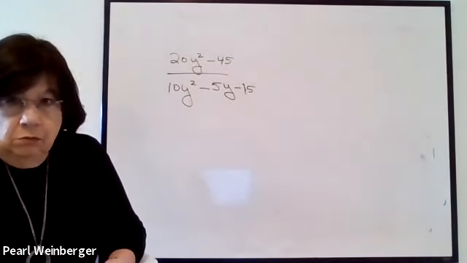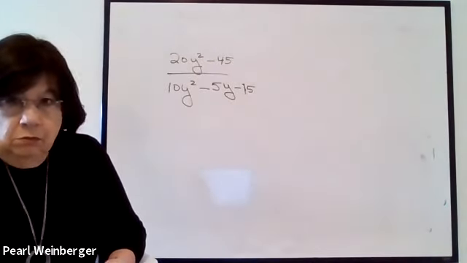So I can go even further and have 5 on the outside, 2y plus 3 in one parenthesis, and 2y minus 3 in the other. It's my difference of squares. Now I'm crossing these things out because this is what I want to look at. My numerator has become 5 times 2y plus 3 times 2y minus 3.